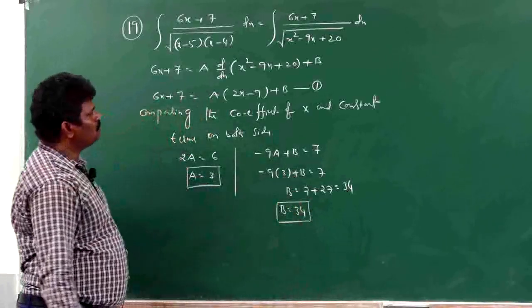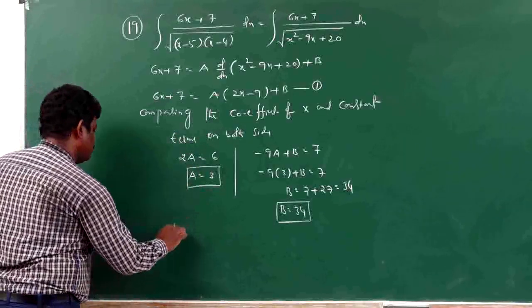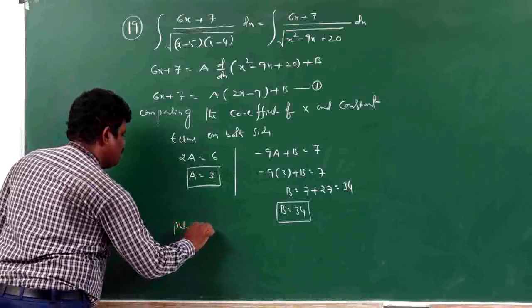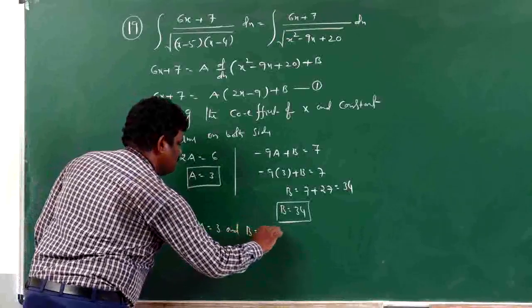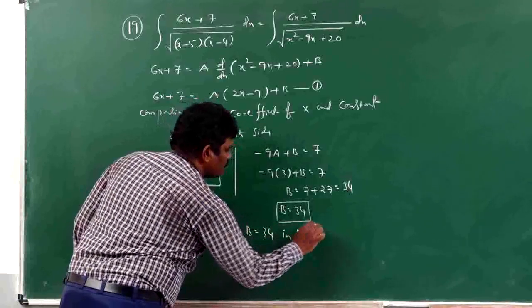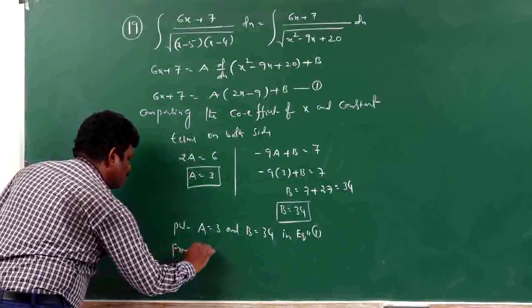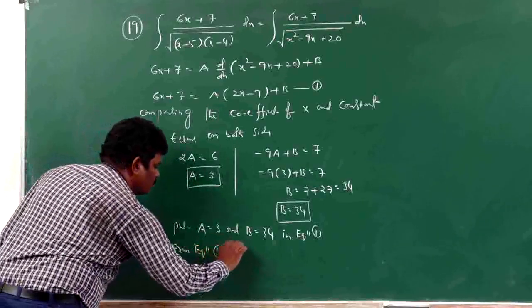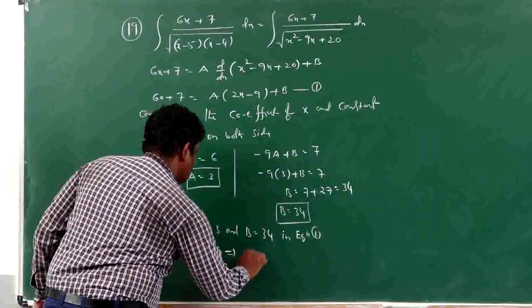So for now we substituted this value, put a is equal to 3 and b is equal to 34 in equation 1. So from equation 1, what we read on from equation 1?